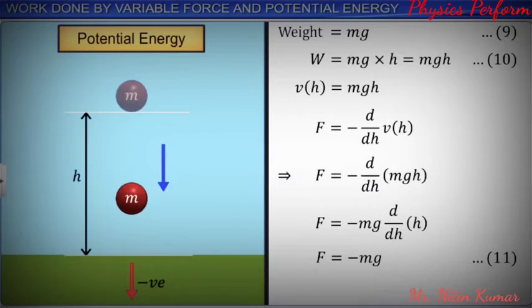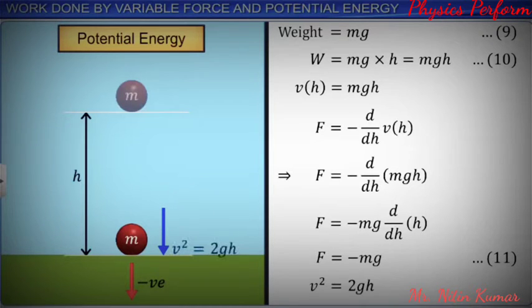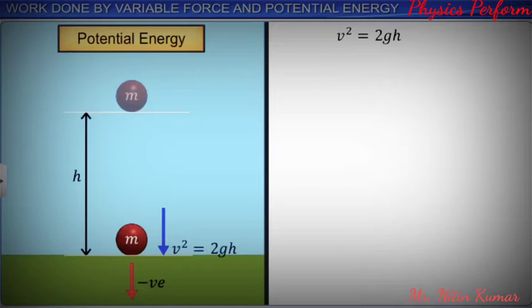The body strikes the ground with the velocity v denoted by the expression v² = 2gh. On multiplying both sides of the above equation with half m, we get ½mv² = ½m · 2gh, which is equal to mgh.